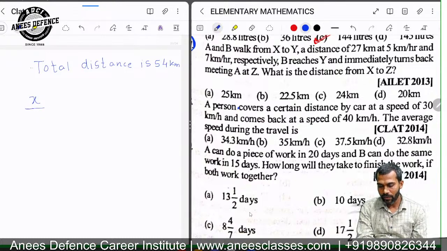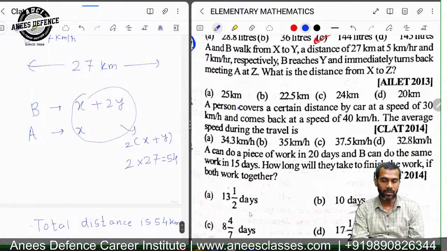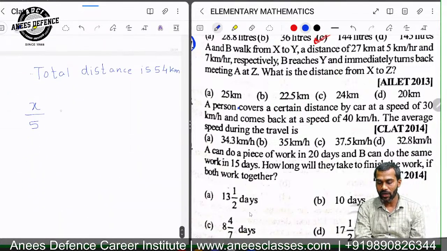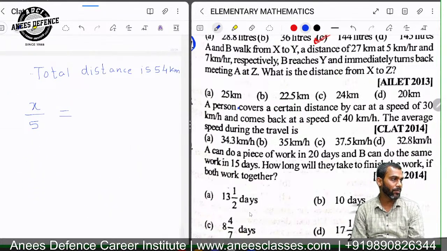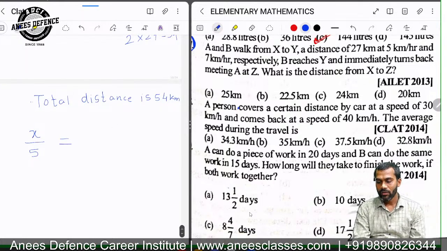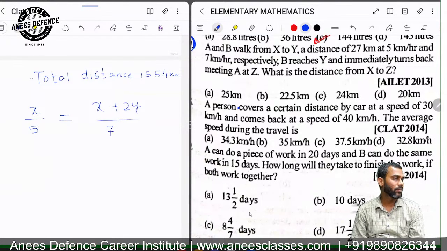So see, x by 5, that is the time taken by A, because A has covered only x distance at the speed of 5 kilometers per hour. So x by 5 is equal to, because time taken by both of them is same, and here x plus 2y by 7. Yes or no?